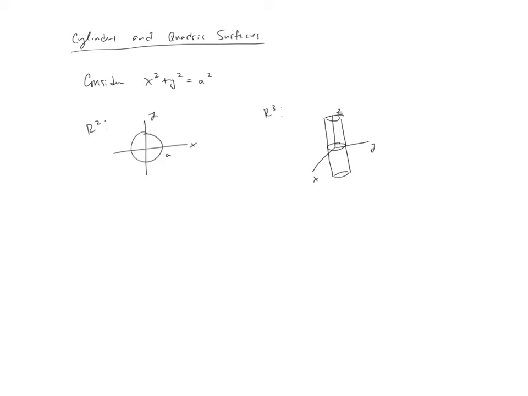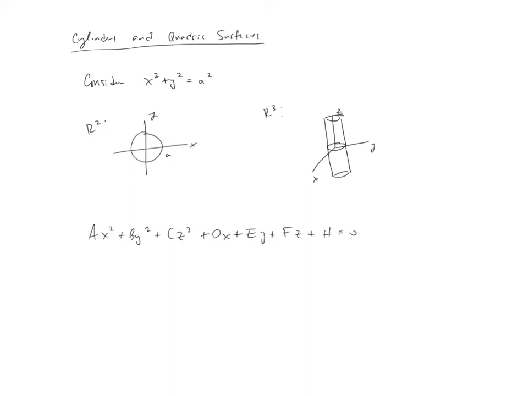Now, a quadric surface, in short, is a graph or a surface, if you will, that is a second-degree equation in x, y, and z. So it's kind of like the quote-unquote quadratic of curves. One of the general forms might look something like this: ax squared plus by squared plus cz squared plus dx plus ey plus fz plus h equals 0.